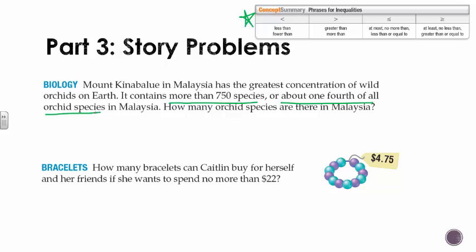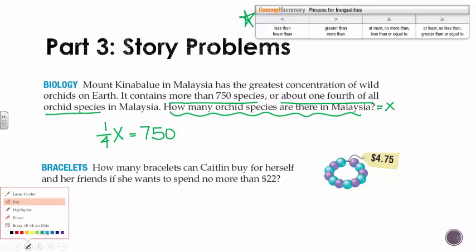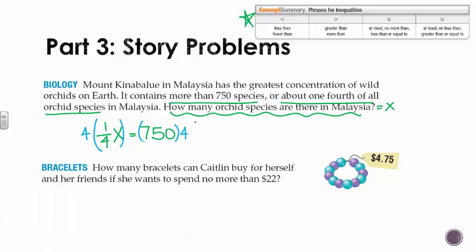So we don't know how many orchid species there are in Malaysia. That's what our x equals. 1/4 of them, remember of means multiplication, is the 750. So this right here is something that we can solve. I am going to multiply by the reciprocal, which is 4.